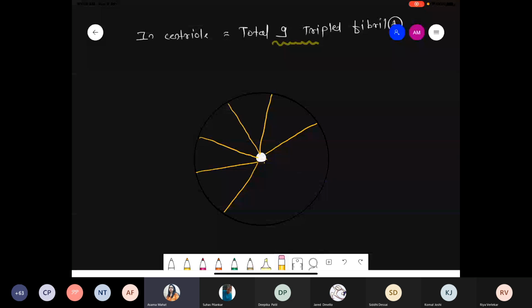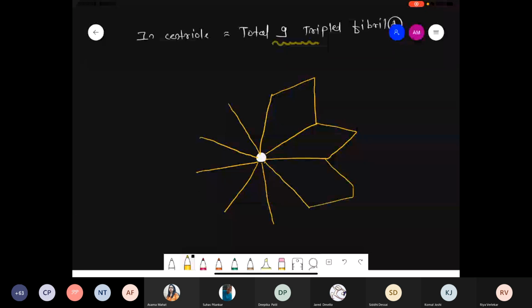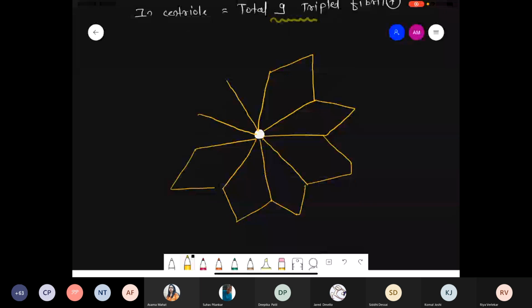One, two, three, four, five, six, 7, 8, 9. Okay, total 9 compartments. Now they join like this. So total 9 compartments, okay.